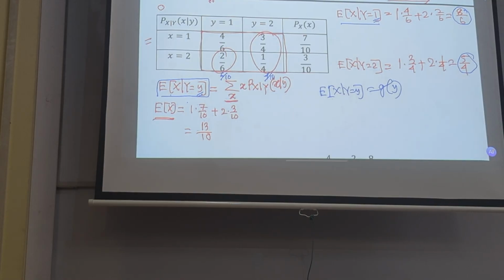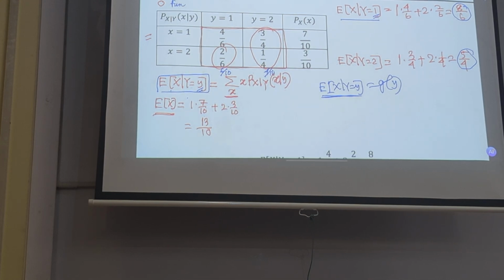Now, if this quantity is a function of the random variable y, then we already declared that a function of a random variable is also random. Is this clear?